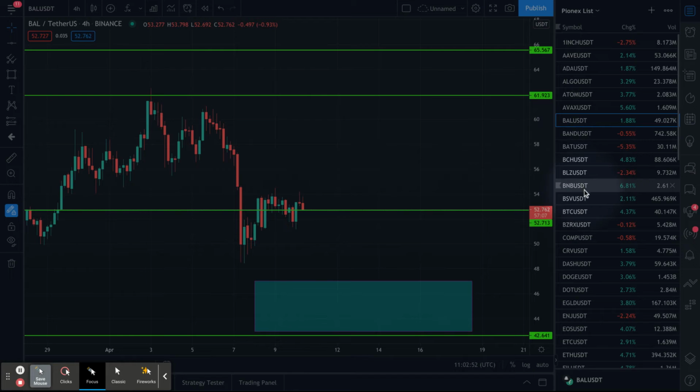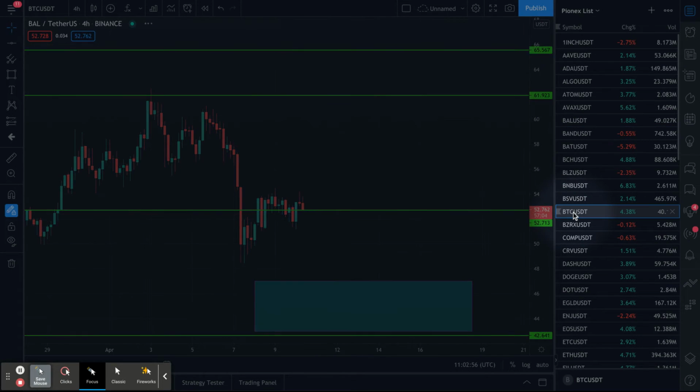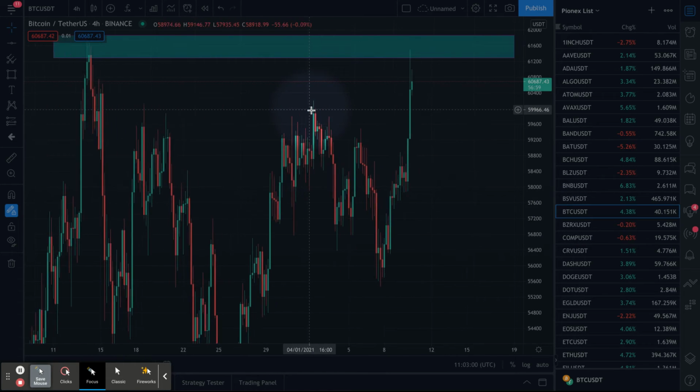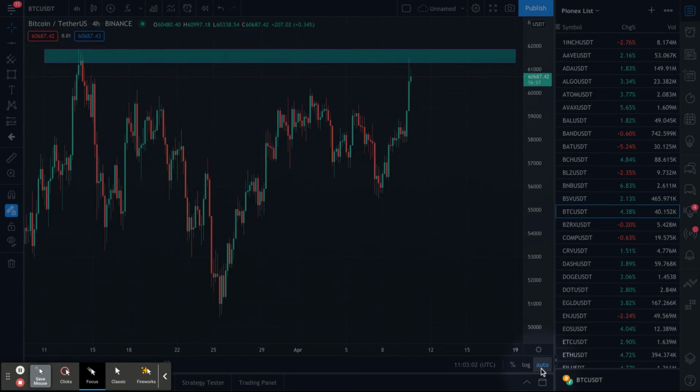If we go back to Bitcoin, you have this area right here that people are buying up to and selling.